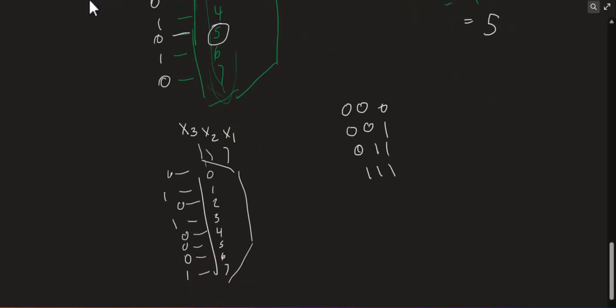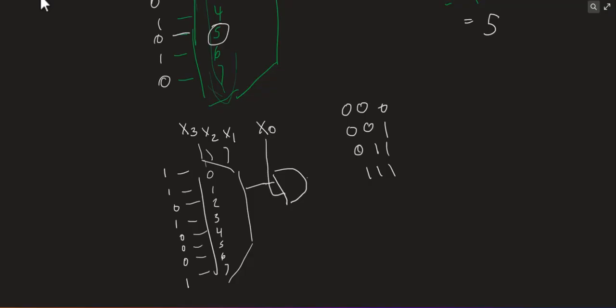And I'm saying if we had one, one, one, one, 0, 0, 0, 0, and I AND this output with x0, that goes to MER, and that gets my answer.